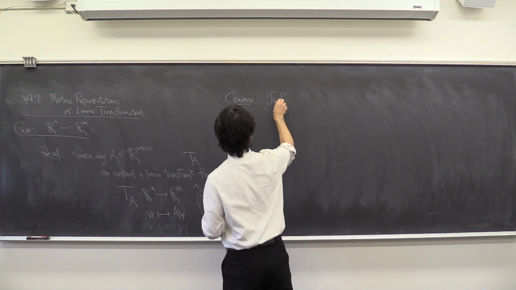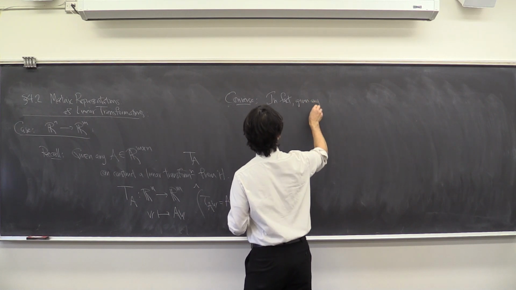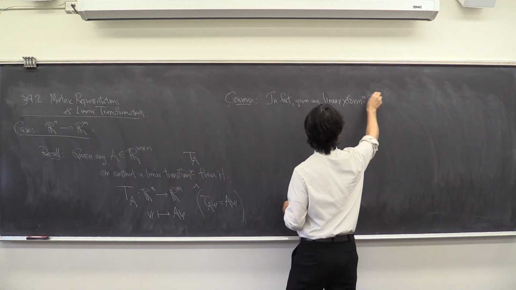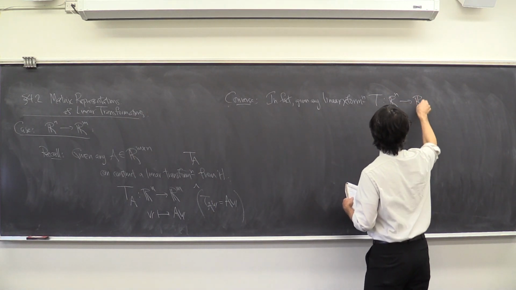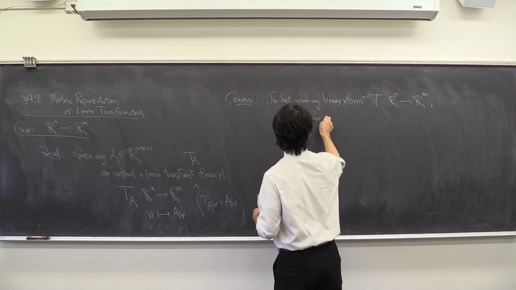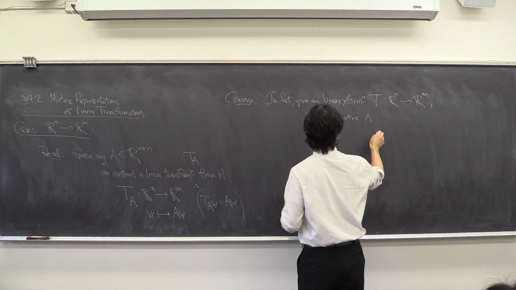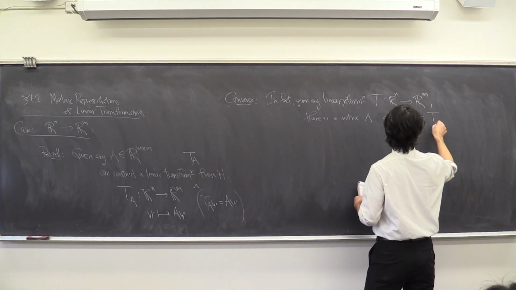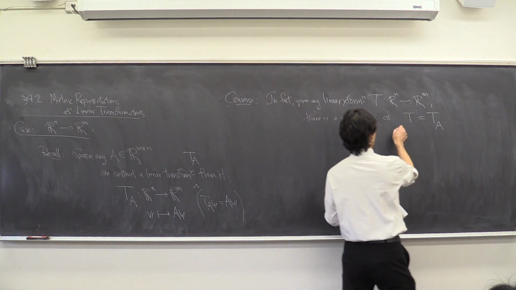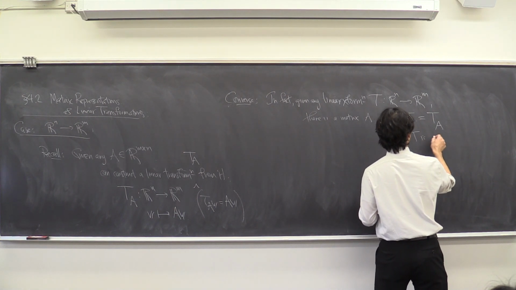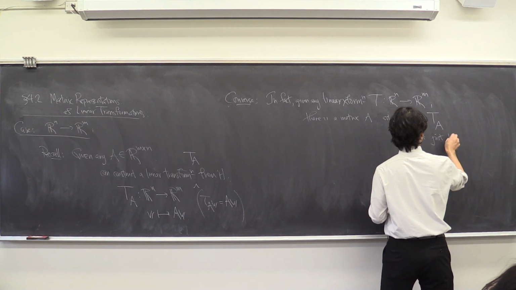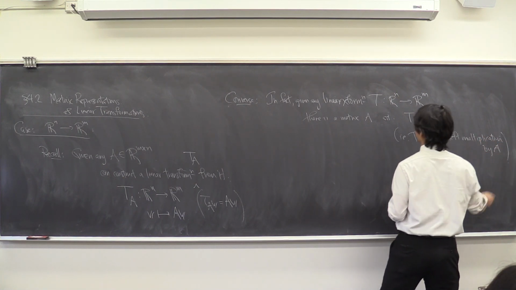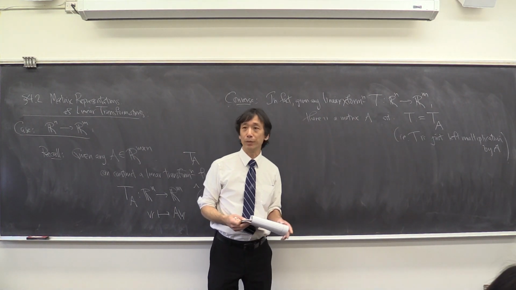In fact, given any linear transformation T going from Rn to Rm, there is a matrix A such that T is just left multiplication by A. So there is a matrix that will do exactly the same thing as that.